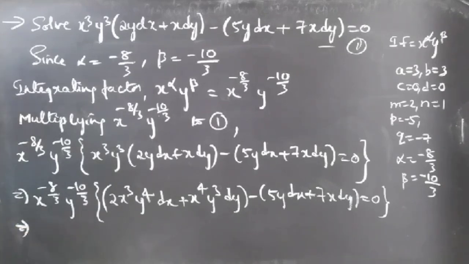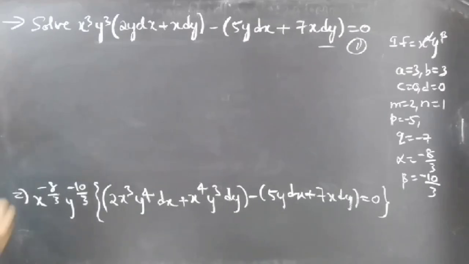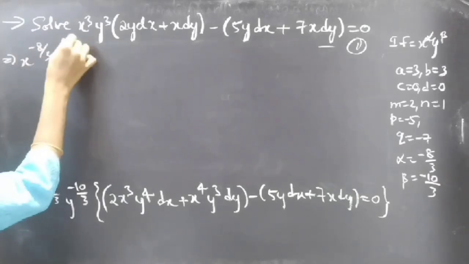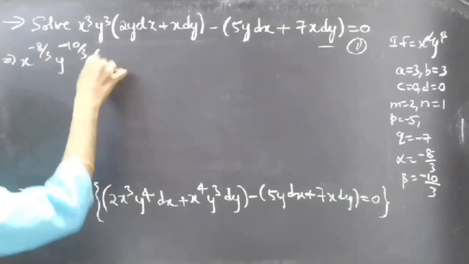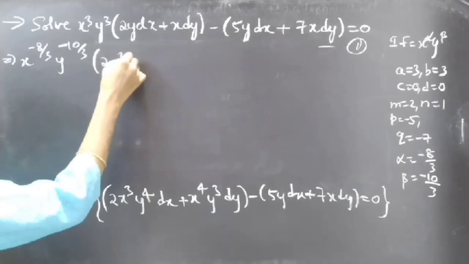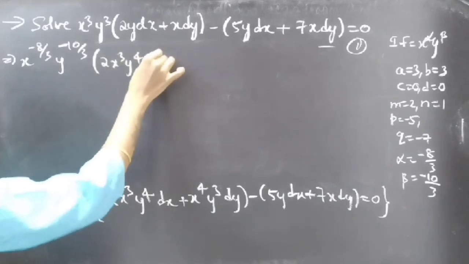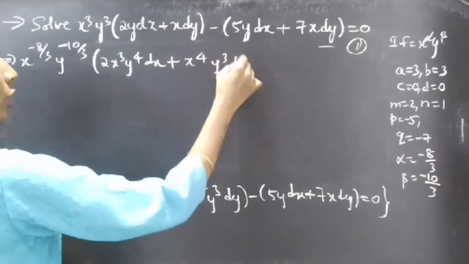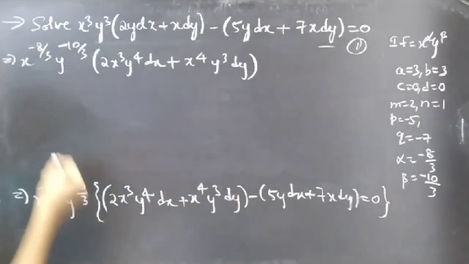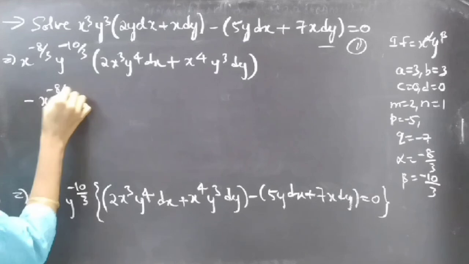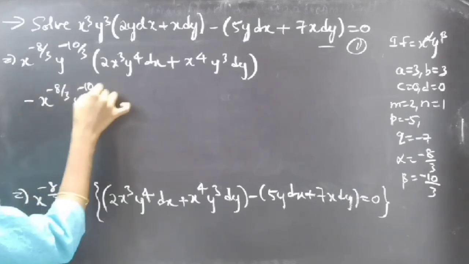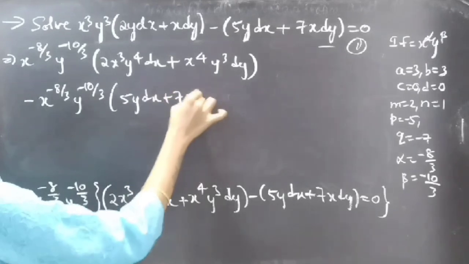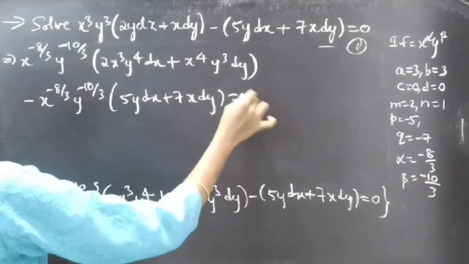Then this gives us x power minus 8 by 3 y power minus 10 by 3 into 2x cube y power 4 dx plus x power 4 y cube into dy minus x power minus 8 by 3 y power minus 10 by 3 into 5y dx plus 7x dy equal to 0.